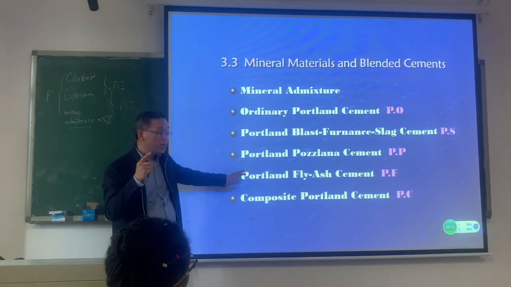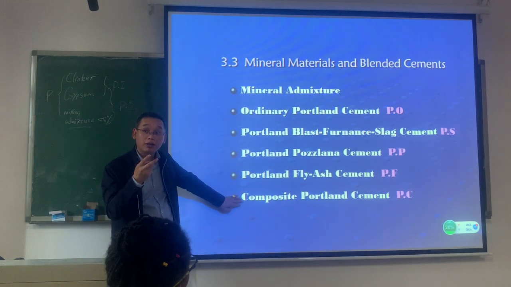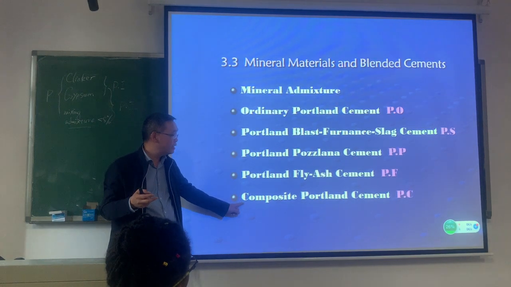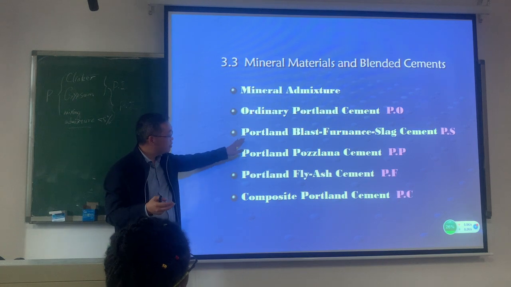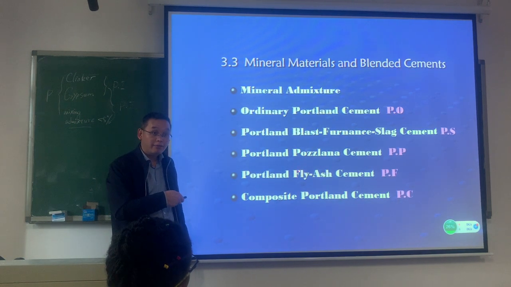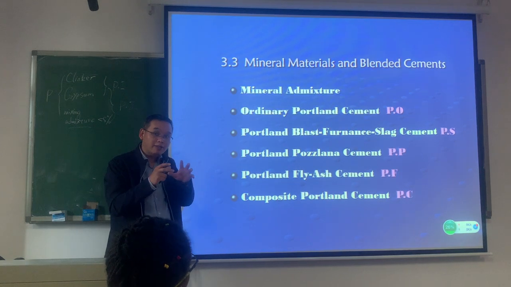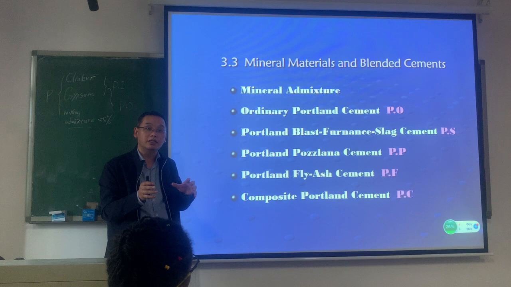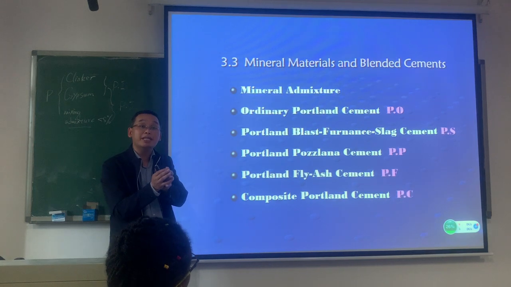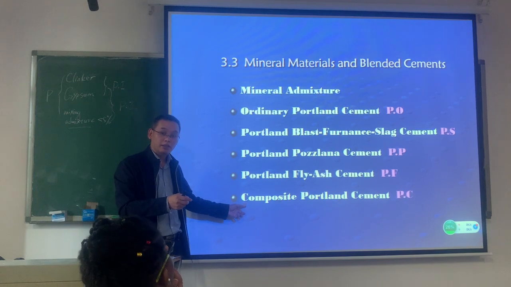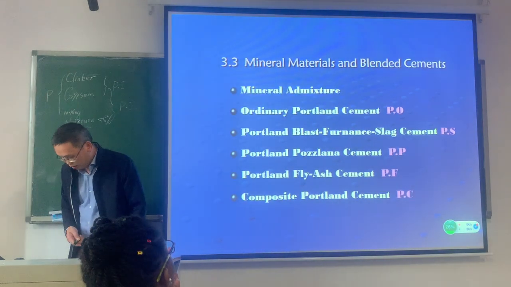If we put two or more kinds of mineral admixture in together, we can get this composite Portland cement. Because each one has its advantage. The slag has its own advantage but also its disadvantage, so we can mix them together and get the composite Portland cement.